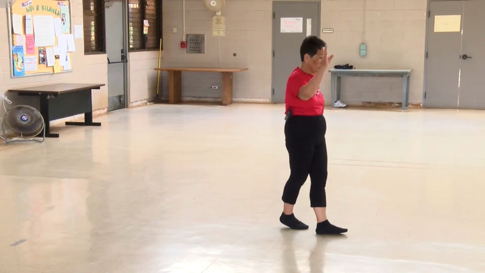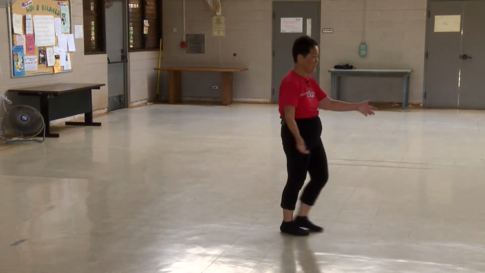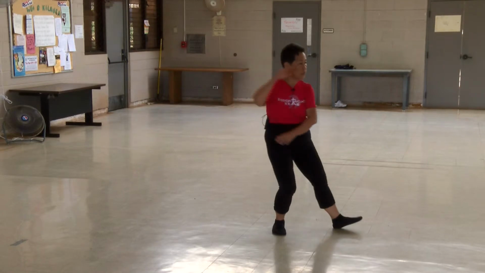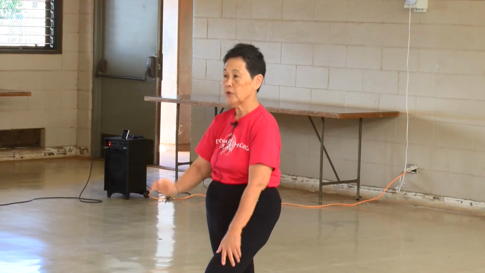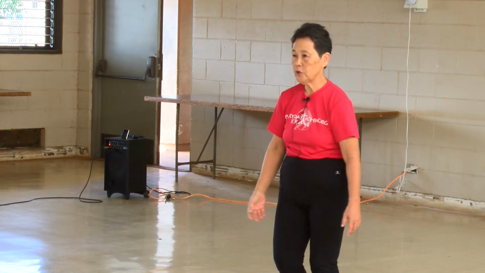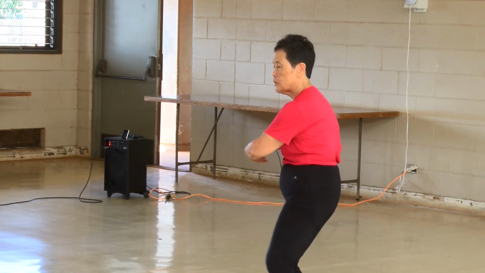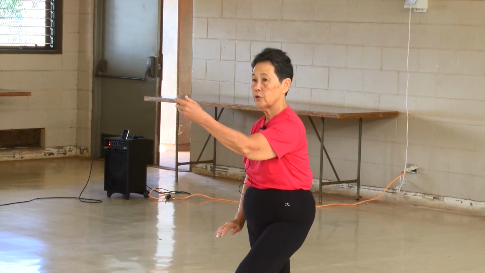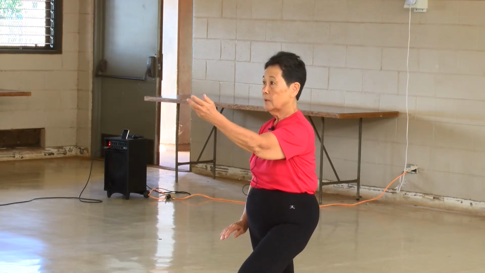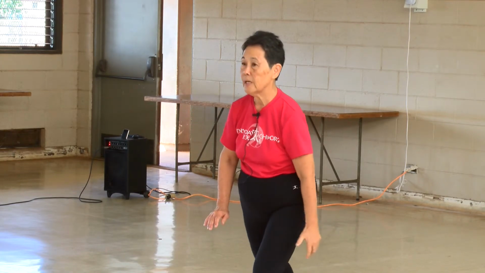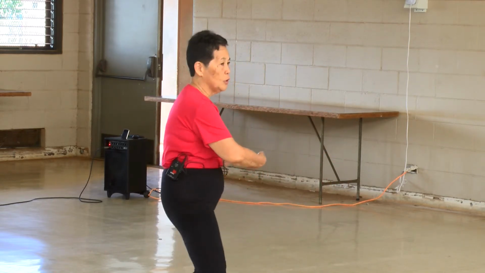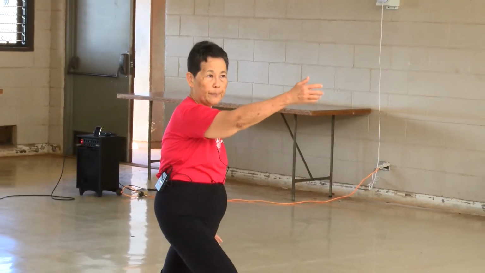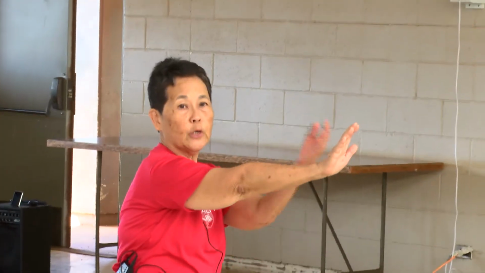All right, so after commencing form, we repulse the monkey, and after we repulse the monkey, we do this one, which is called brushing your knee. And after brushing your knee, we hold our ball and we serve our snack. Here's your cookie, which is parting the wild horse's mane. And after that, we now know that we're going to flip that hand and we're going to meet it.